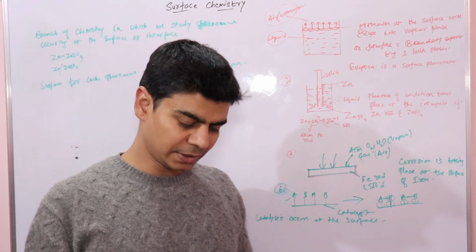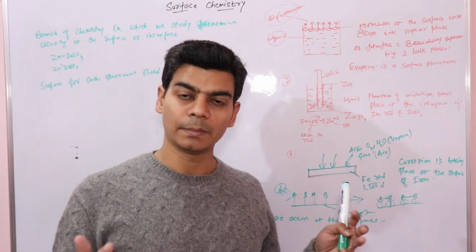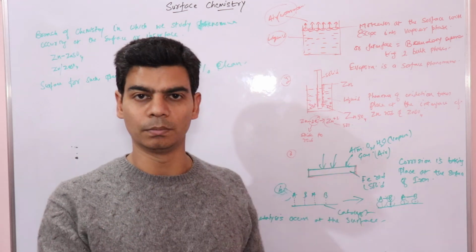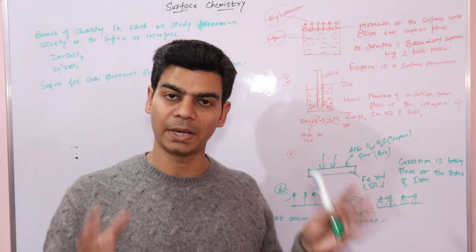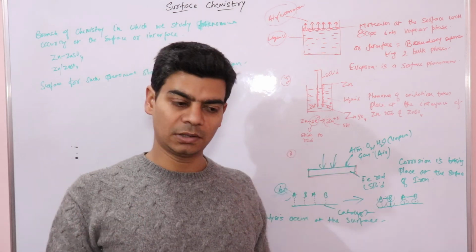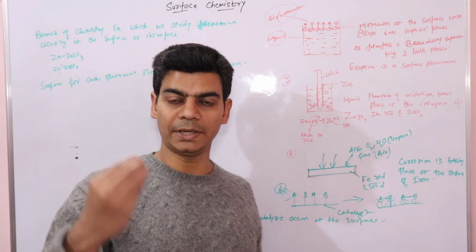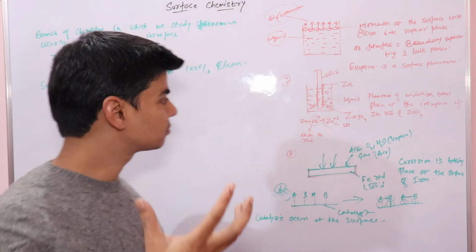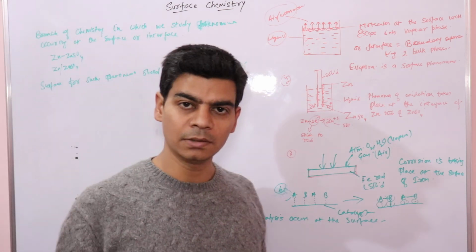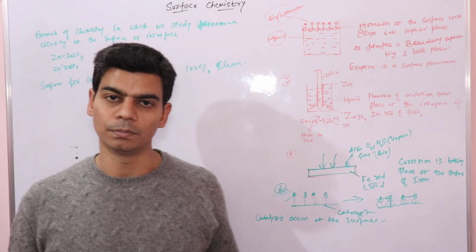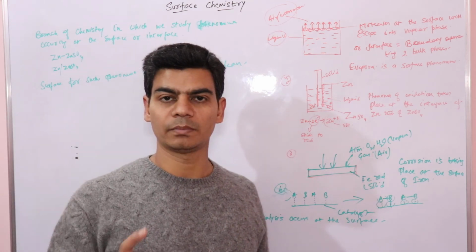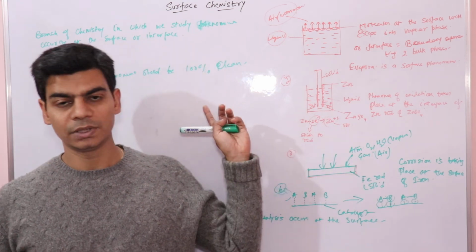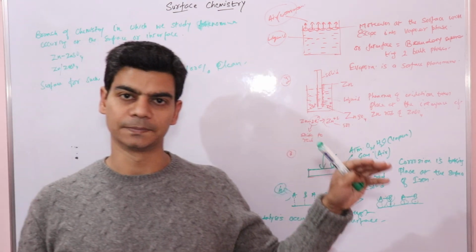This is achieved by heating. In the case of metals, it is achieved by heating the metal in vacuum, at a pressure of around 10 to the power of -8 to -9 pascals, which is a very low pressure, to achieve these ultra clean surfaces.